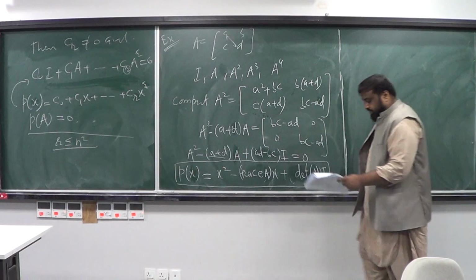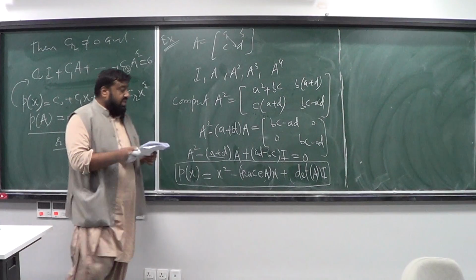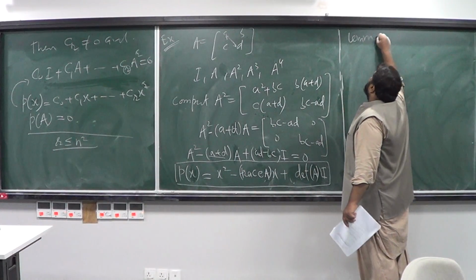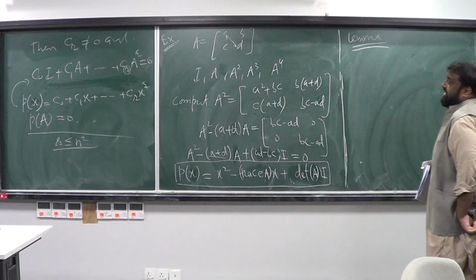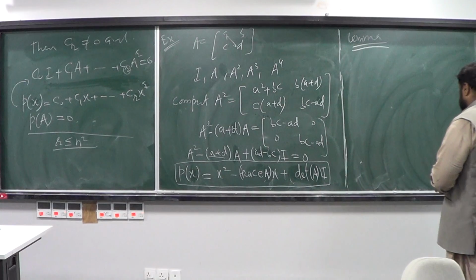So now let's prove another lemma, which is going to be enough to reduce our main contention in this section, that every matrix has some eigenvalue.